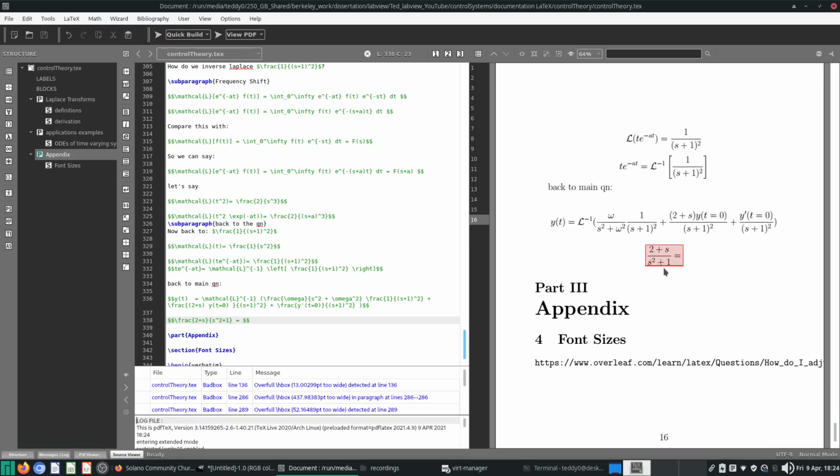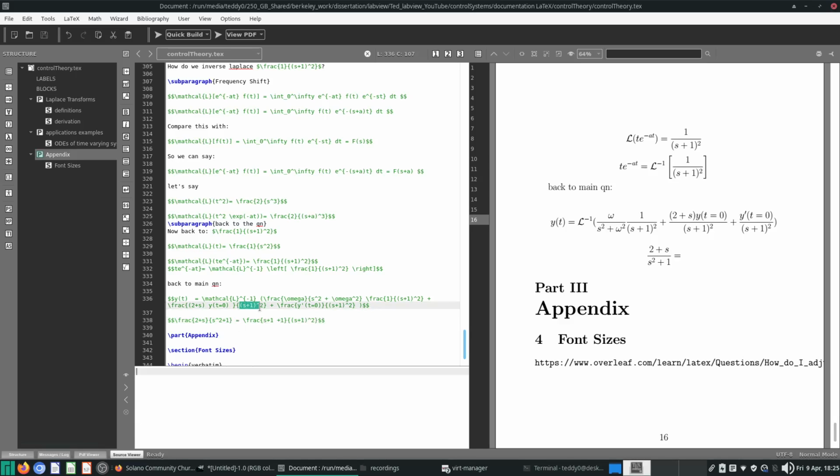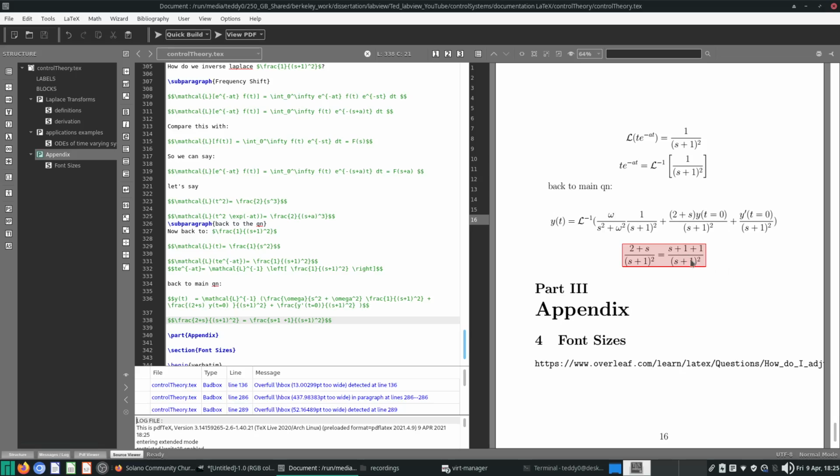So what is this equal to? Well, we can do this: s plus 1 over s plus 1 squared. Alright, so now you have this.